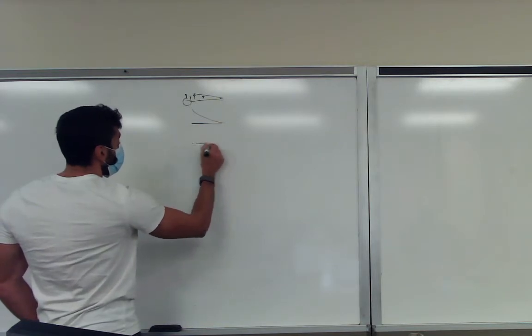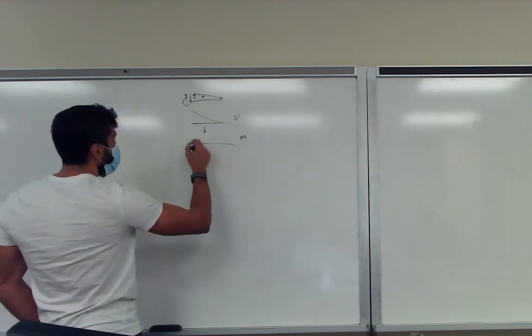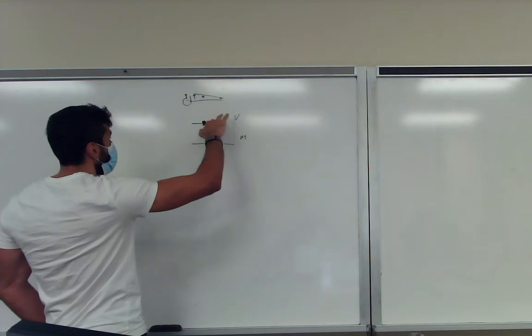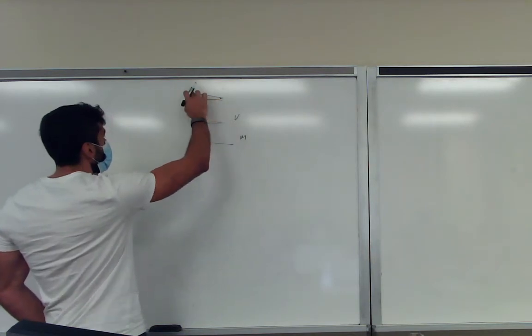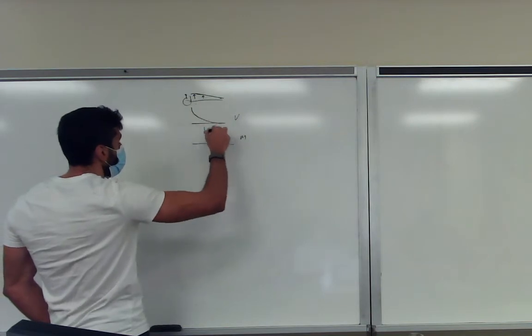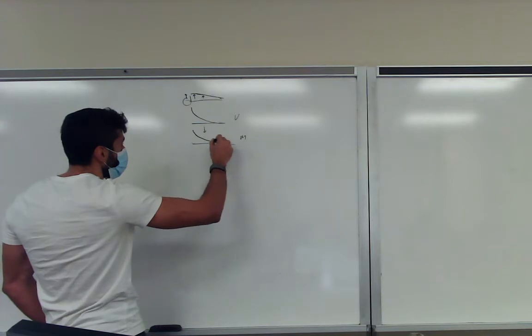And then from the shear force, we can get a moment diagram. This is linear, so this is quadratic. This will have some quadratic terms as well.